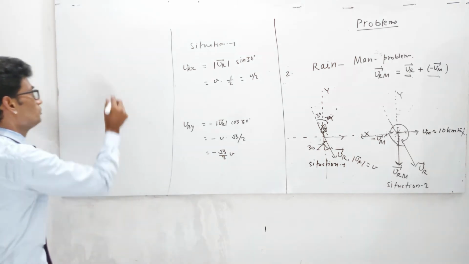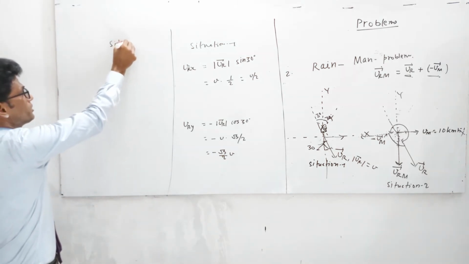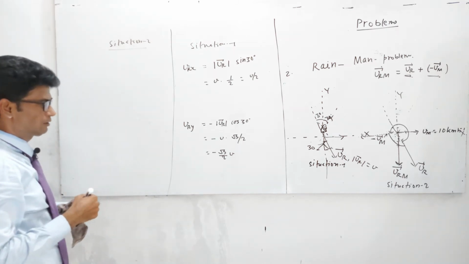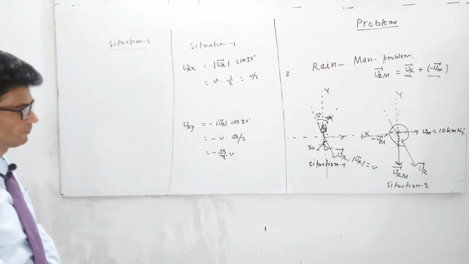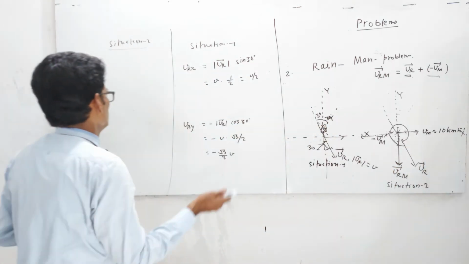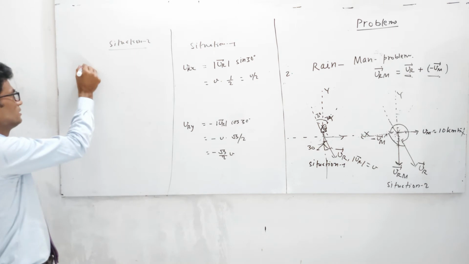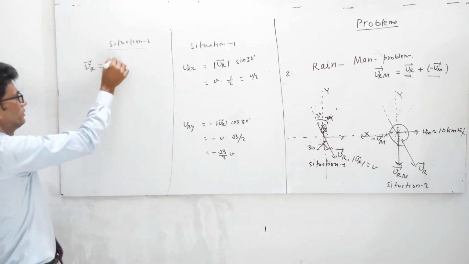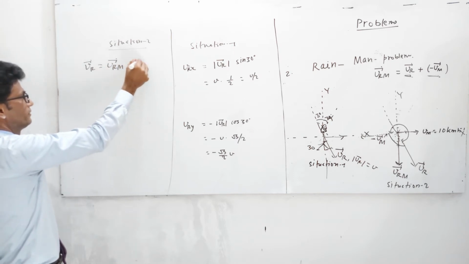Now in situation 2, look at here. What do we have to do in this situation? Firstly we write the vector relation here. Velocity of rain is equal to velocity of rain with respect to man plus velocity of man.